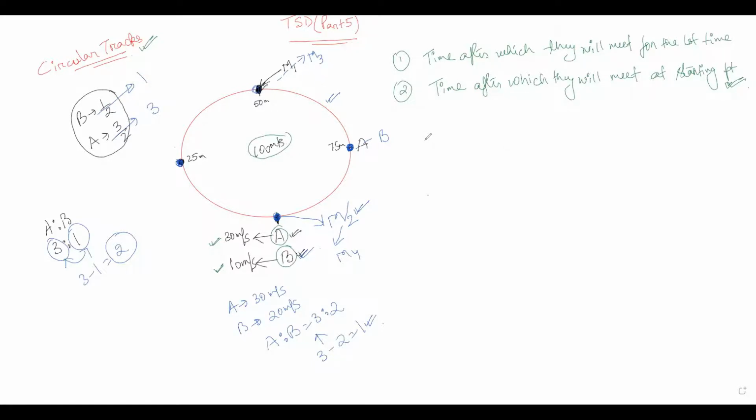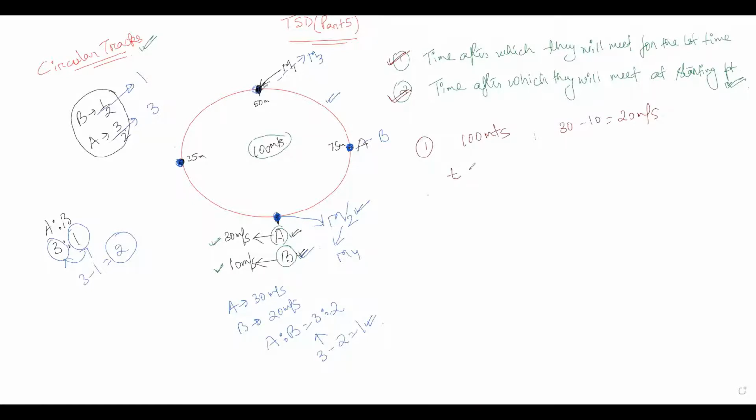Now, if we try to find the time for the first meeting point and the time after which they will be meeting at the starting point, in that case, we can say they would be covering a distance of 100 meters with a relative speed of 30 minus 10, that is 20 meters per second, as they are traveling in the same direction.